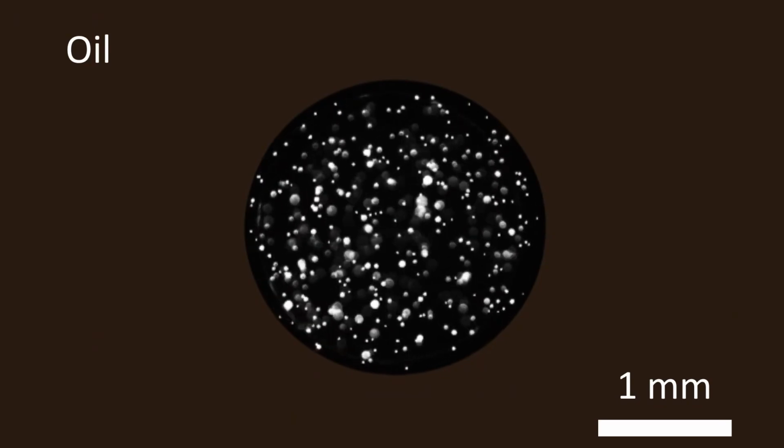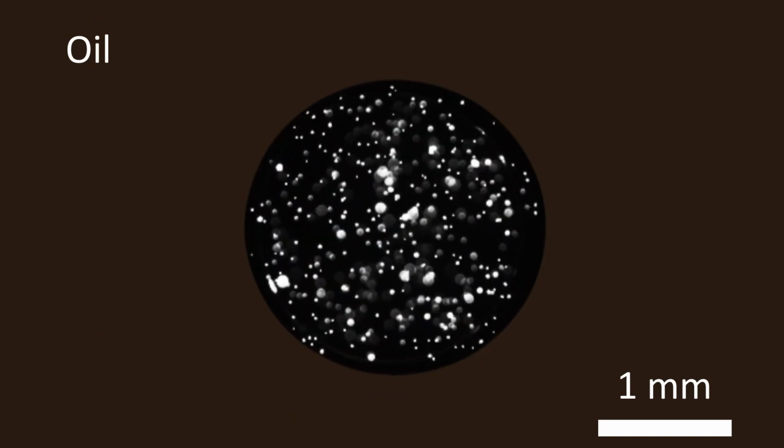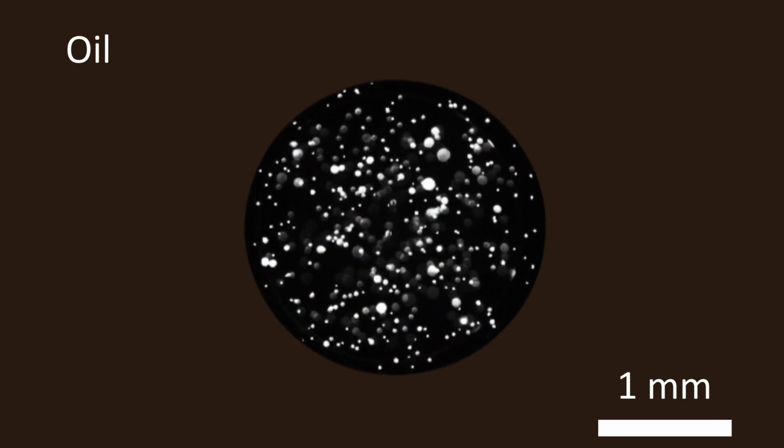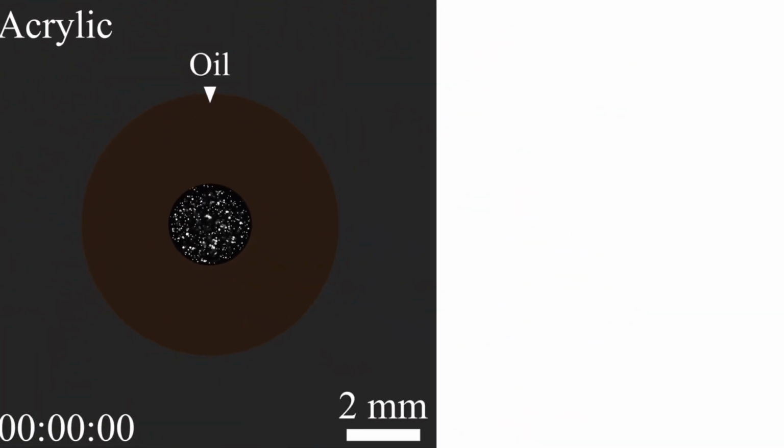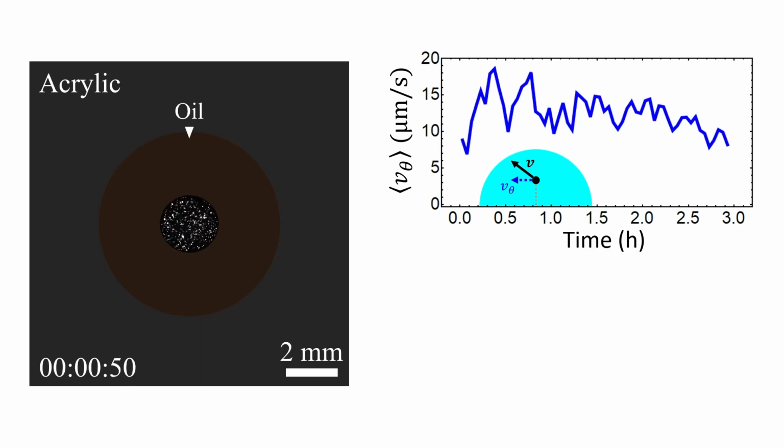To investigate such an interaction, we characterize the intra-droplet active fluid flow by doping the fluid with tracers. We can track the tracer motion to calculate the average azimuthal velocity as a function of time. In this case, the droplet flowed at approximately 10 micrometers per second for hours.